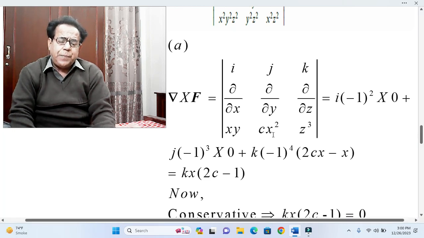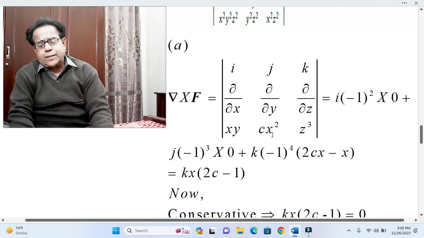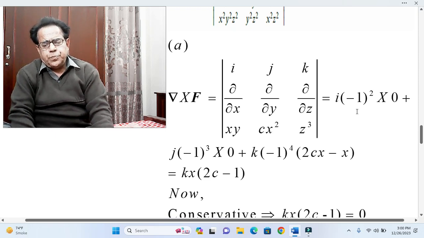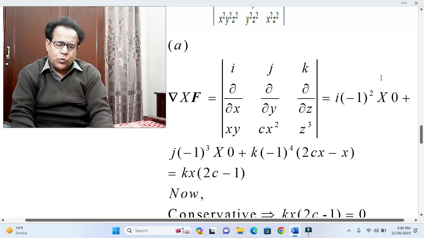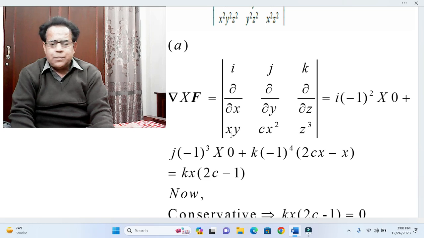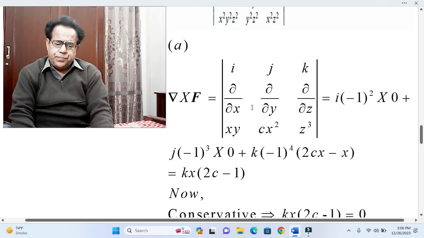Only with respect to x it is 2Cx. So with i, the result is 0. For j, the second column and first row are omitted. Here the partial derivative of z cubed with respect to x is 0. Similarly, the partial derivative of xy with respect to z is 0. However, the partial derivative of xy with respect to x or y would not be 0, but that is not the case here. So this also is 0.